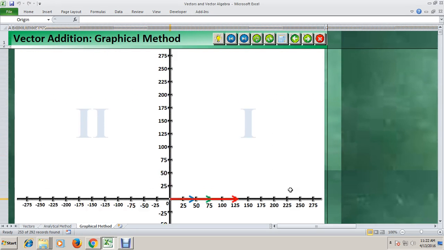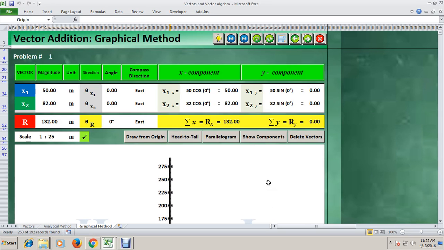Okay, so as you can see, in the representation of the vectors graphically, both of them are measured from the east direction. Based on the description of each of these two vectors, the angle measured here, the 0-degree angle, is measured from x. Therefore, when we do the solution to right triangles, we employ cosine to compute for the x component, and we employ sine to compute for the y component.